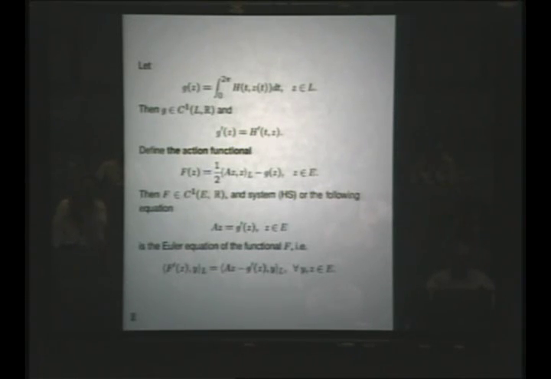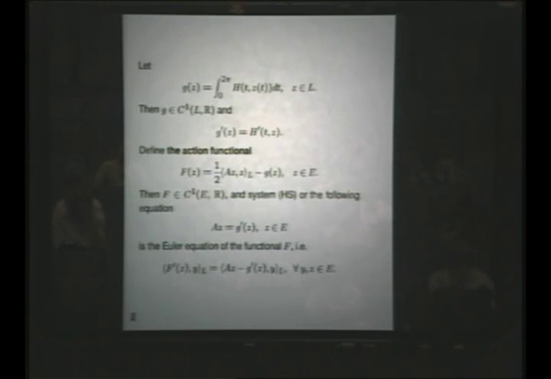It contains the quadratic form involving this operator A, and then you have this nonlinear functional G. Then this operator equation, or the Hamiltonian system, is really the Euler-Lagrange equation of this functional. And so the problem to find 2-pi periodic solutions of the Hamiltonian system now becomes to find the critical points of this functional F.